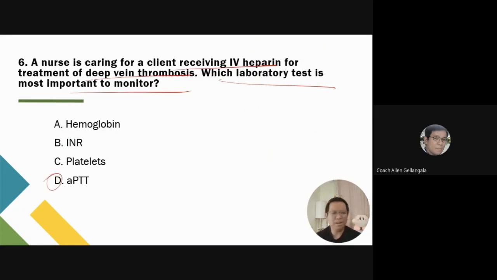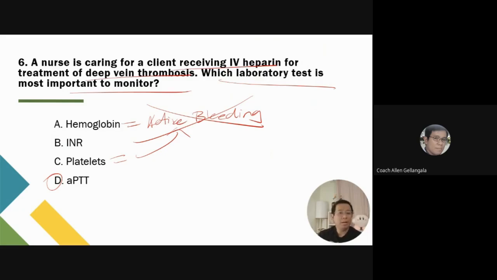So why are we not monitoring hemoglobin? Hemoglobin is an indication of active bleeding, okay? Or if there is a risk for bleeding. That's the reason why we are looking at hemoglobin and platelets. We want to make sure that there is no active bleeding while you're giving an anticoagulation treatment.